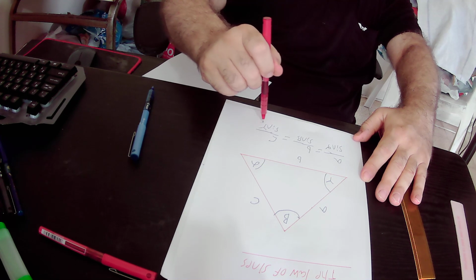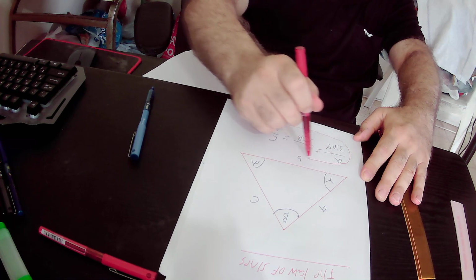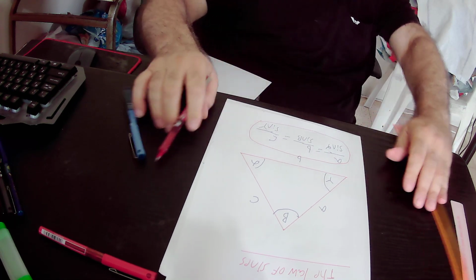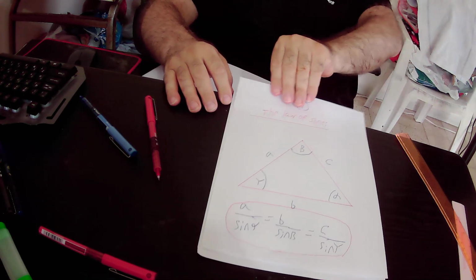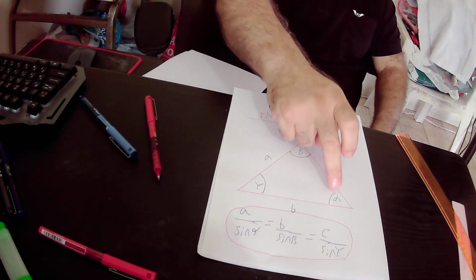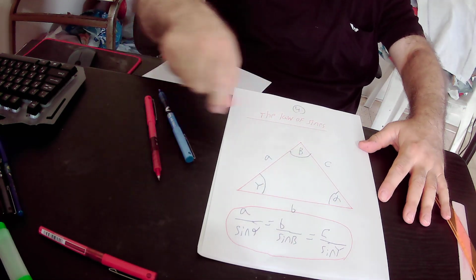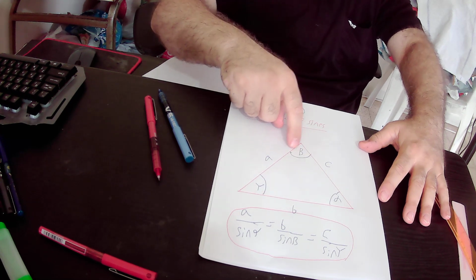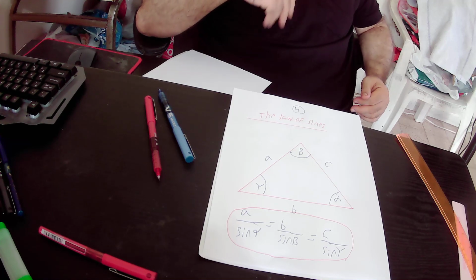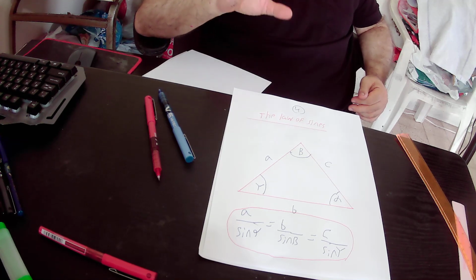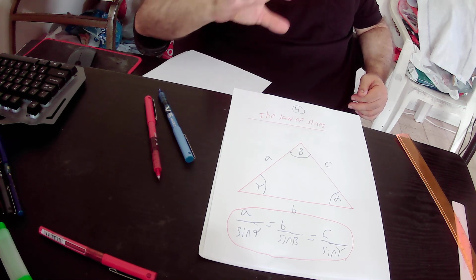This equality is true for any triangle. Again, in any triangle, A over sine alpha equals B over sine beta equals C over sine gamma. This rule is called the law of sines, and it is true for any triangle.